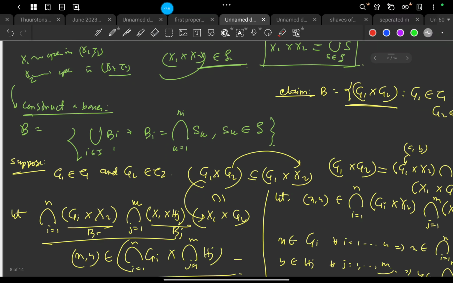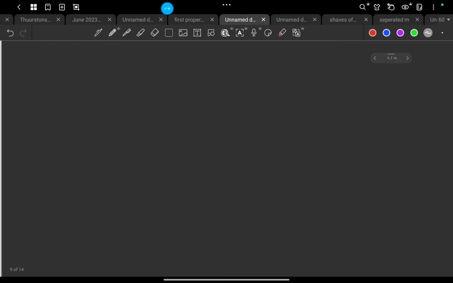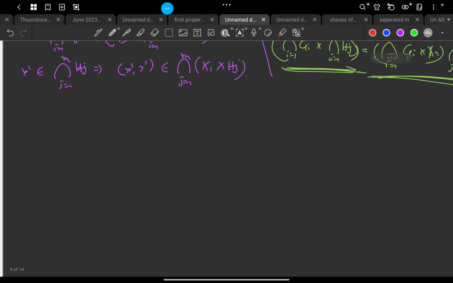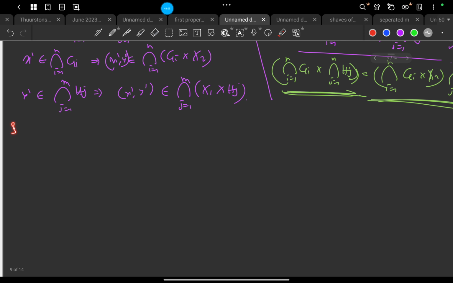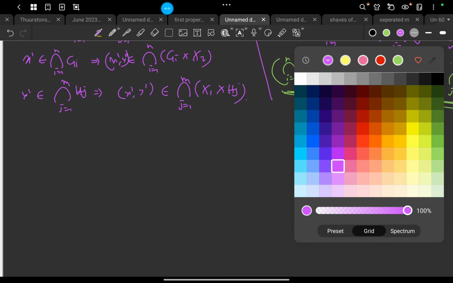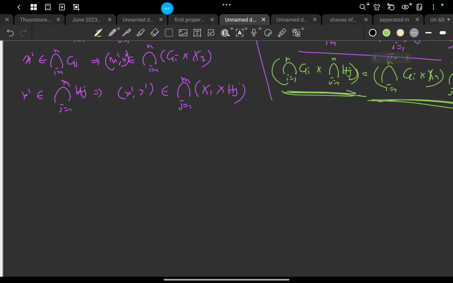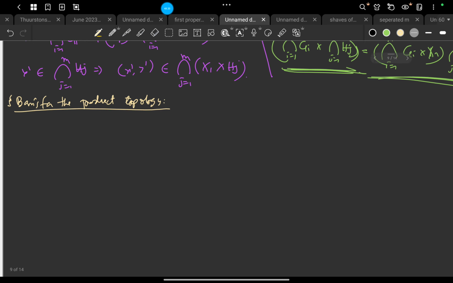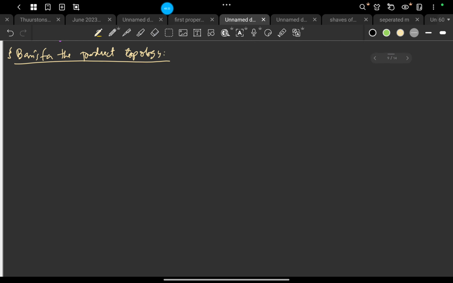So now we have got the basis for this product topology, from G1 cross G2.